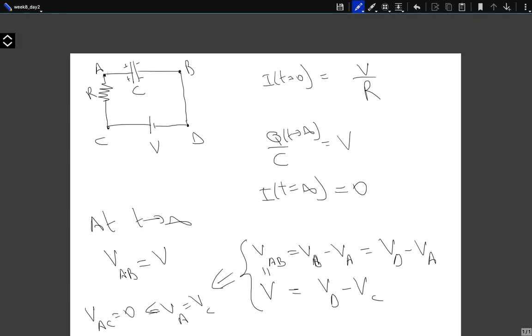But there is a resistor over there. The potential difference across a resistor is just the current running through it times the resistance. So the current running through our resistor times the resistance should be 0. That tells me that the current should be 0.